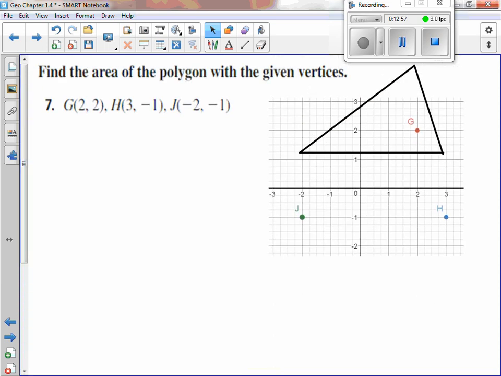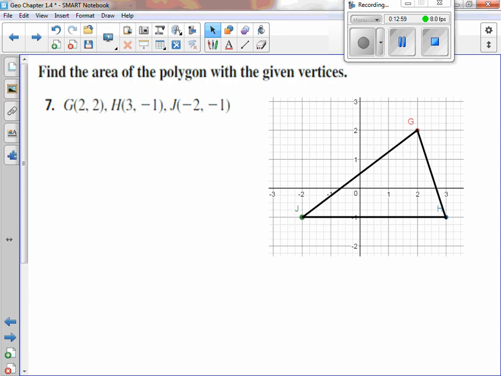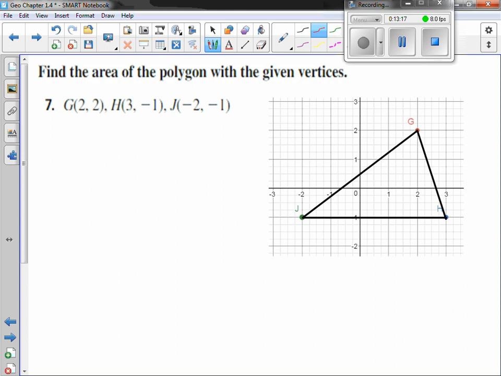We have another triangle, and we want to find the area. So again, in any of these problems that we'll have, especially on the homework, you're either going to have a right triangle, a right angle, or we're going to be able to drop a line straight down. So on this one here, we have this line here as the height. Well, since it's along a straight line, we can count it, yes?